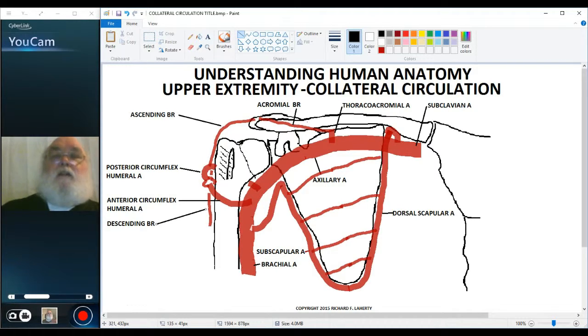Off of the brachial artery, we have profunda brachii.